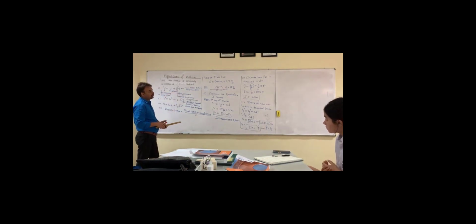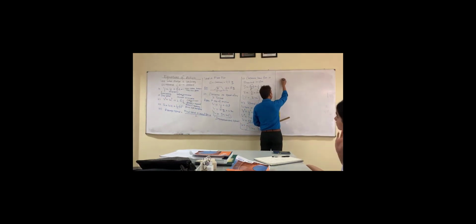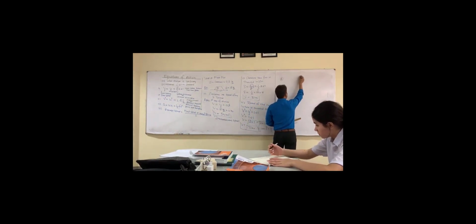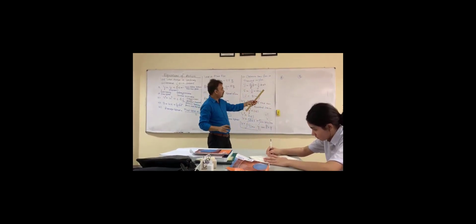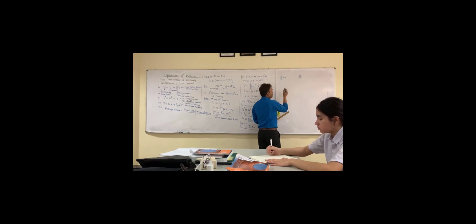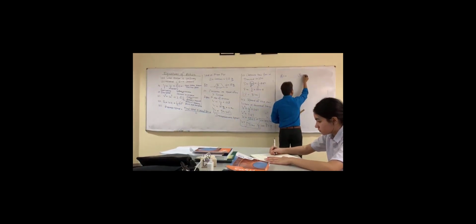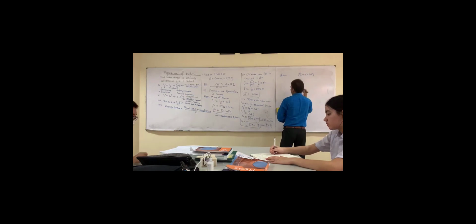So let me give you one situation. We have a point A and a point B, right? We have two cities, suppose this is city A and city B. So something starts from here, and finally, when it crosses B, its final speed is 100 meter per second.